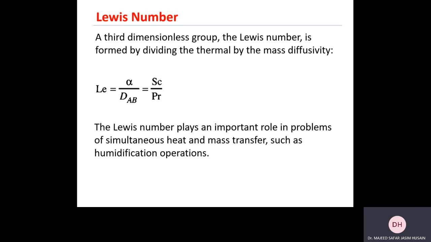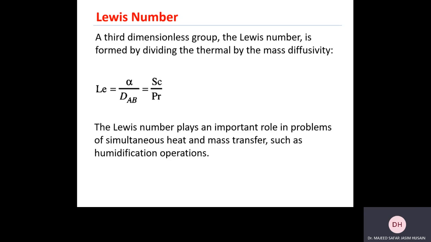Lewis number. This is our final number, the Lewis number. The Lewis number is basically a ratio of thermal and mass diffusivity. So if you take thermal diffusivity and divide it by mass diffusivity, which is simply the diffusivity AB, DAB, that's your mass diffusion.